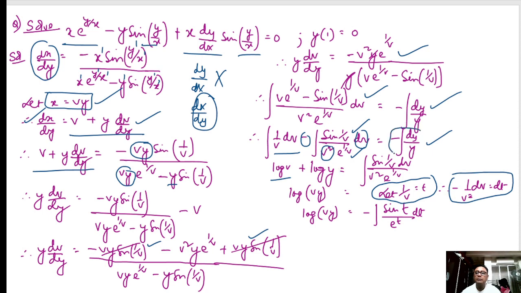This is log y; minus log y comes on this side as plus log y, and this goes on the other side. So 1 by v I have taken as t, and minus 1 by v square dv equals dt, and e to the power t.